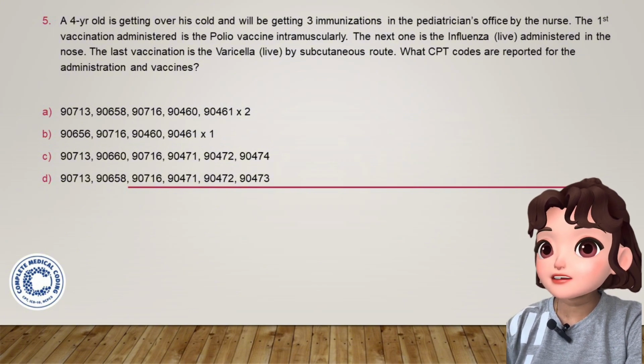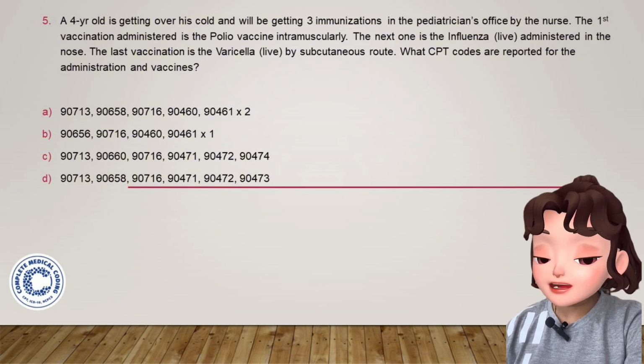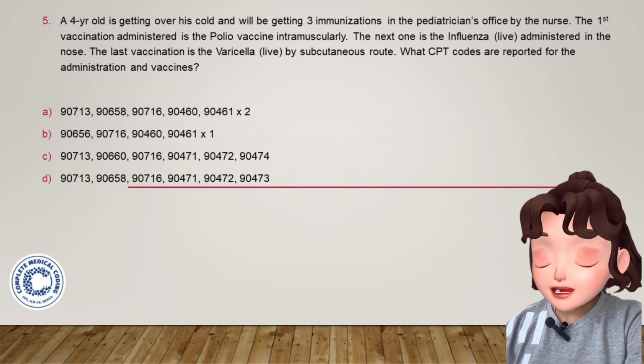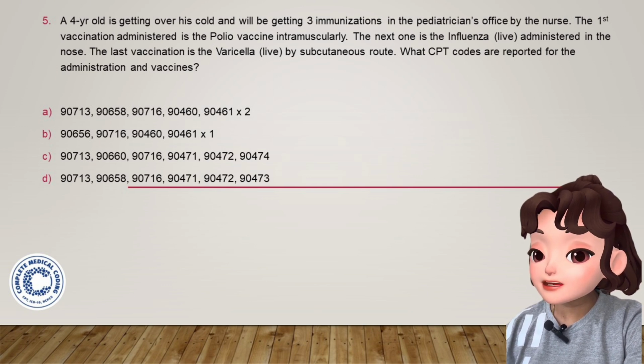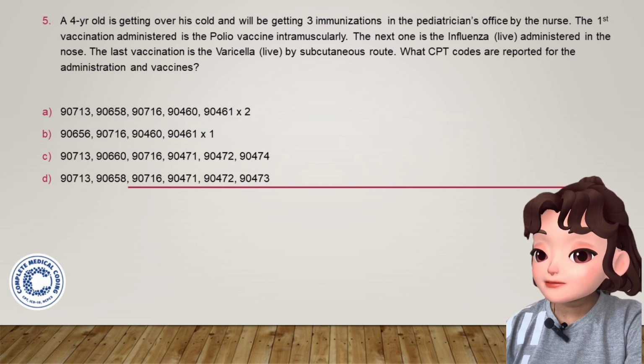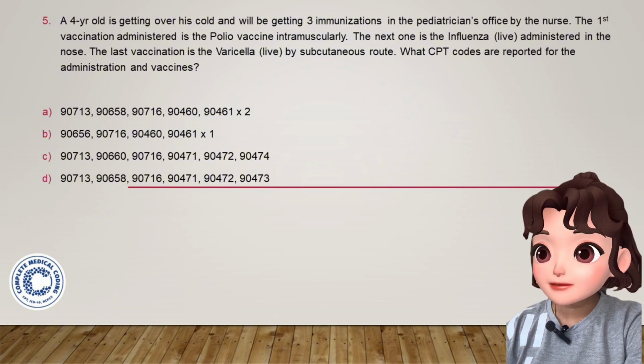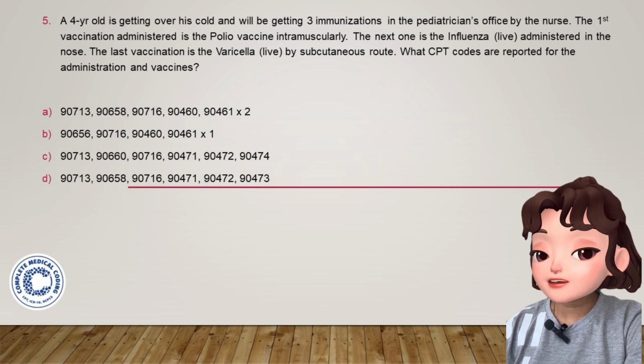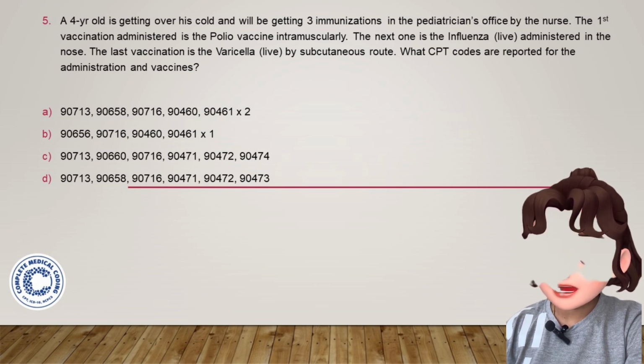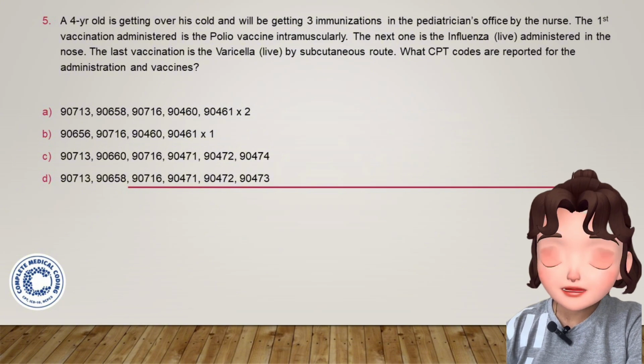What is code 90658? 658 represents influenza vaccine trivalent split virus. The second one is influenza administered in the nose. Okay, so option A will not be the answer. In option B, there is no polio vaccine 90713 mentioned. So that is not the answer.